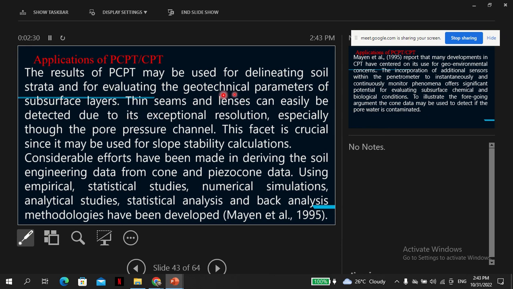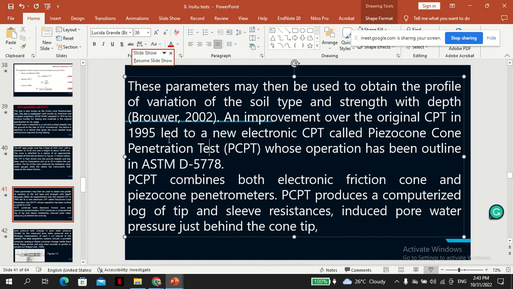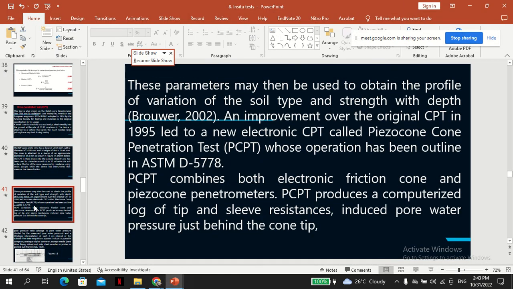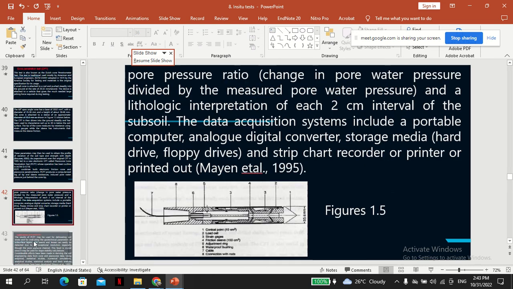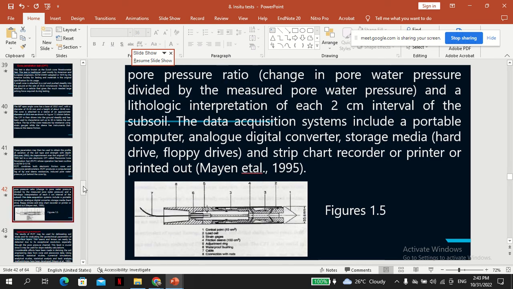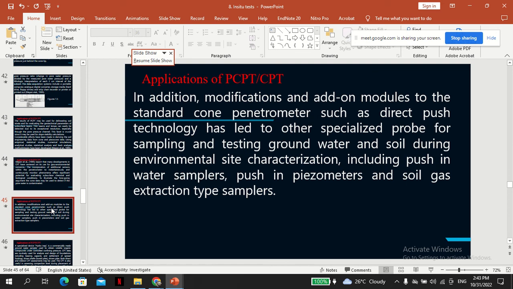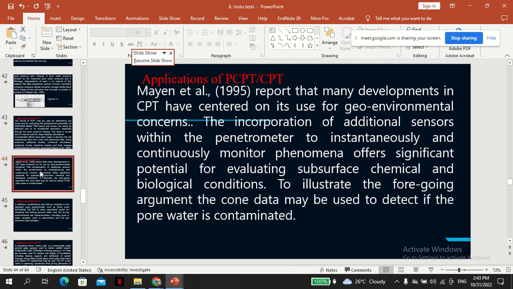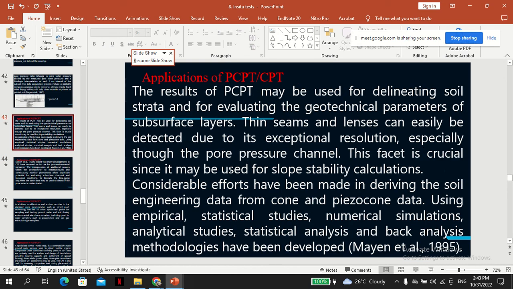Thin seams can easily be detected due to exceptional resolution, especially through the pore water pressure channel.